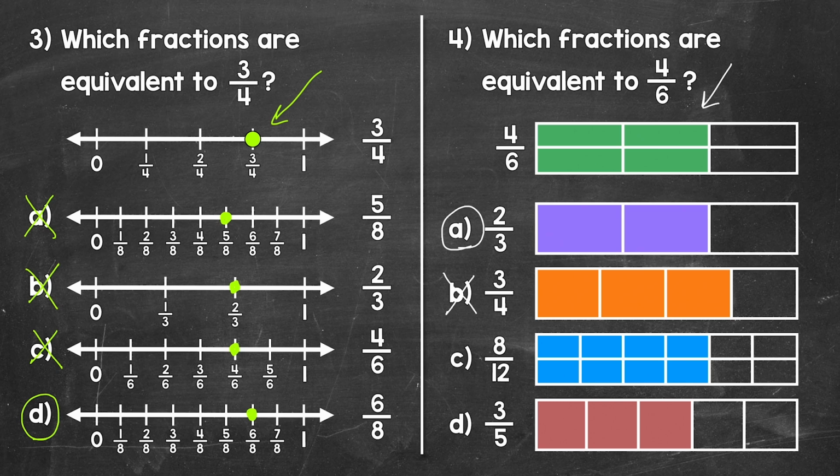So 8/12 is an equivalent fraction. And then lastly, choice D, we have 3/5. Is 3/5 an equivalent fraction? No, 3/5 is less than 4/6. Less of the rectangle is shaded in. So this is not equivalent.